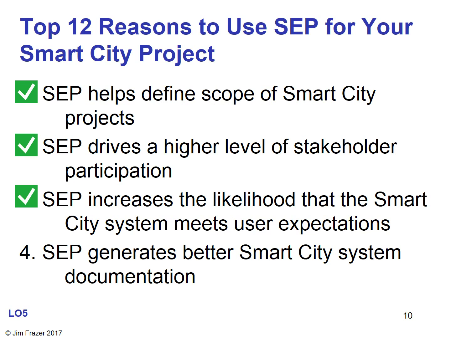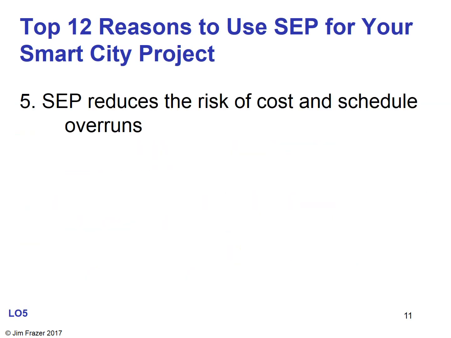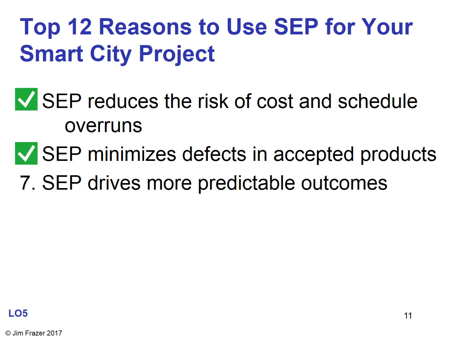Number four, SEP generates better smart city system documentation. Number five, SEP reduces the risk of cost and schedule overruns. Number six, SEP minimizes defects in accepted products. Number seven, SEP drives more predictable outcomes.